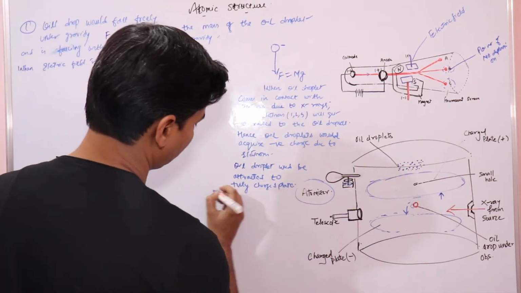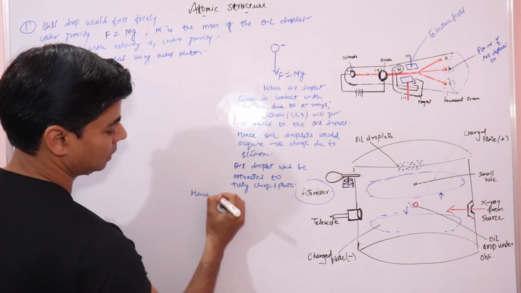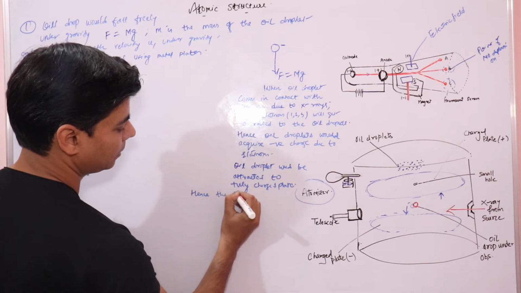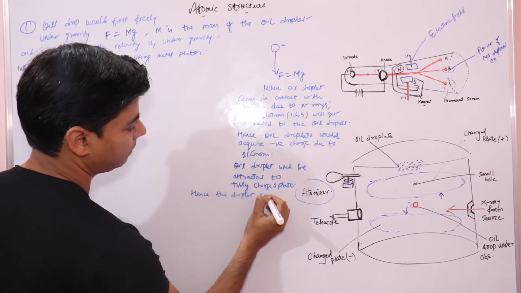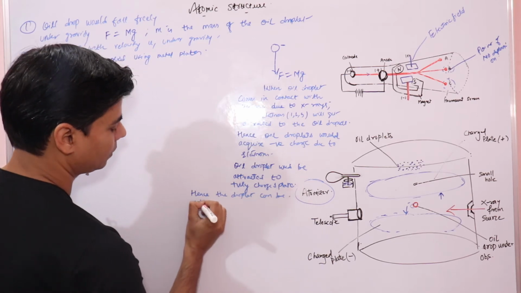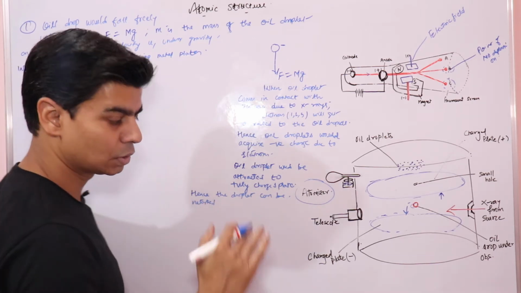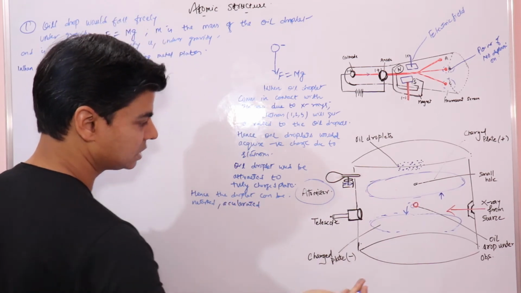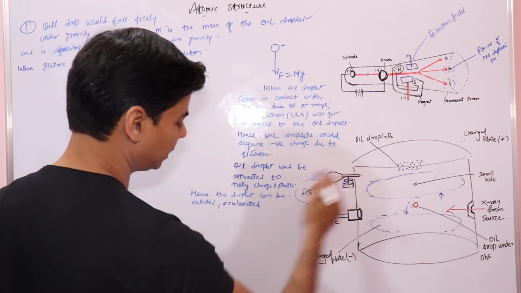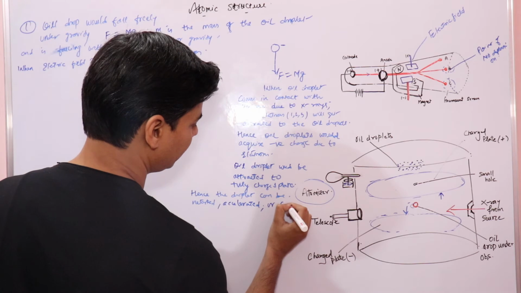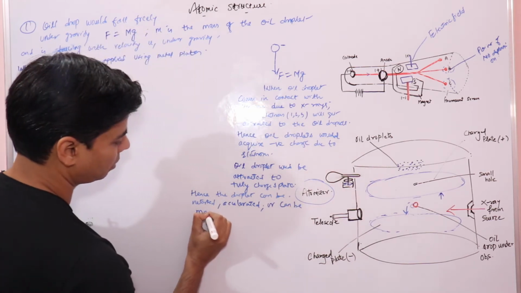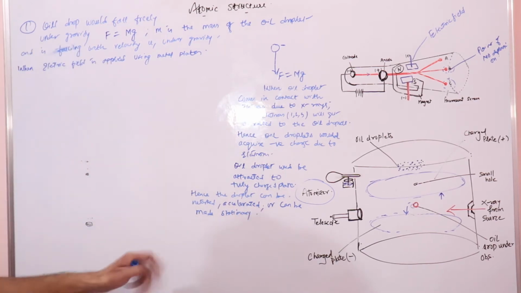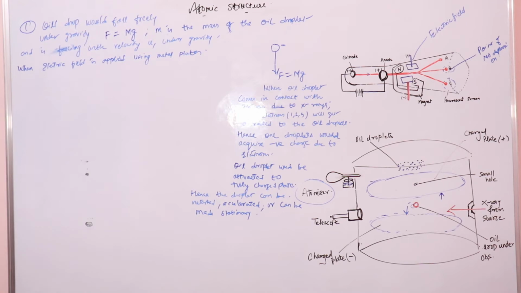Hence the droplet can be retarded, which means we can slow down its speed, or accelerated, which means we can increase the speed, by varying the electric field, or it can be made stationary, right, by varying the electric field.